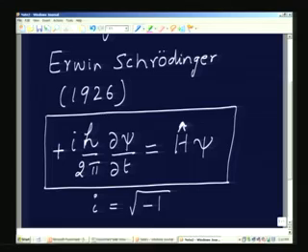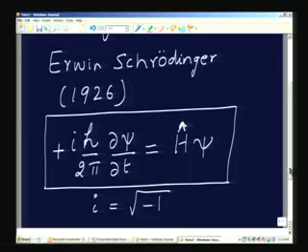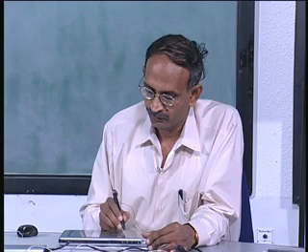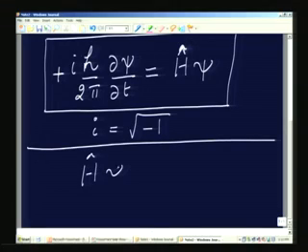So we have an equation involving complex quantities, but you will not study all of this. In chemistry you will only study this equation, H psi is equal to a constant times psi. The first one is known as the time dependent Schrödinger equation.